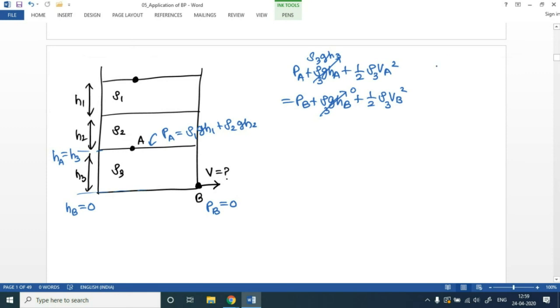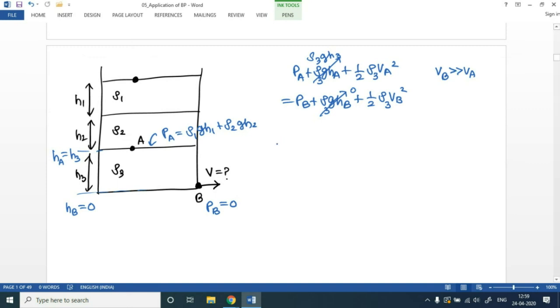Also you must realize that vB would be much greater than vA, because the cross sectional area of the orifice is much smaller than the cross sectional area of the container.